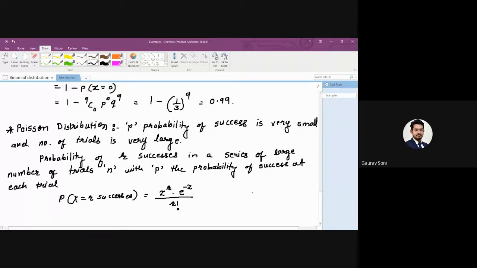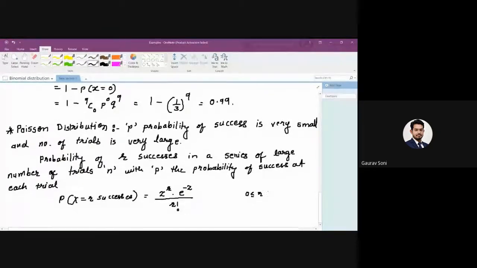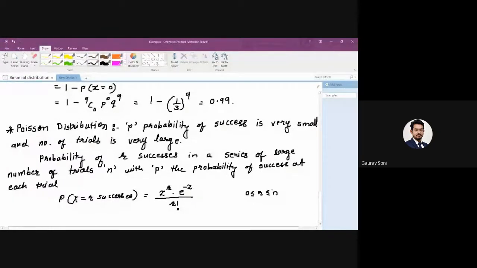So this will be for 0 less than or equal to r less than or equal to n, because there are only n number of trials, and after that there is 0 otherwise.